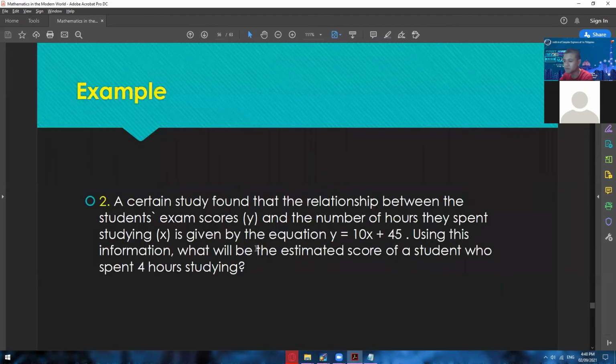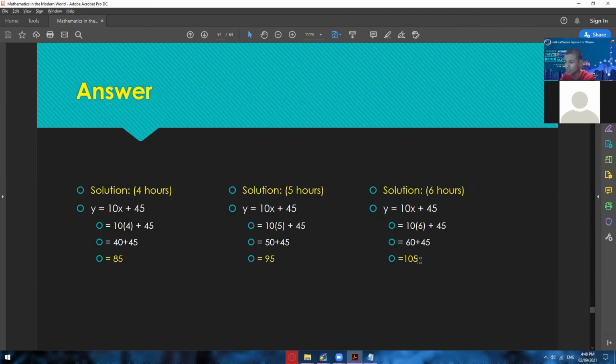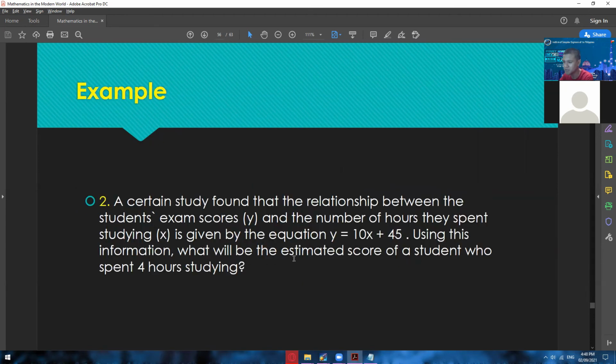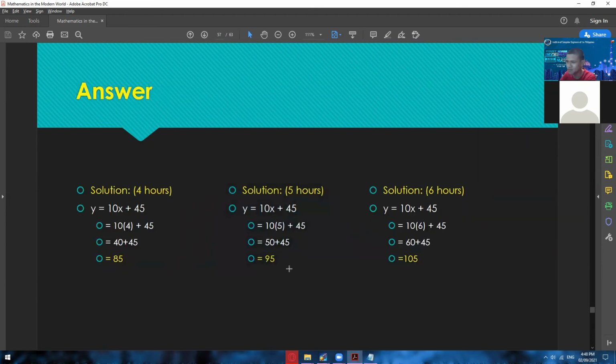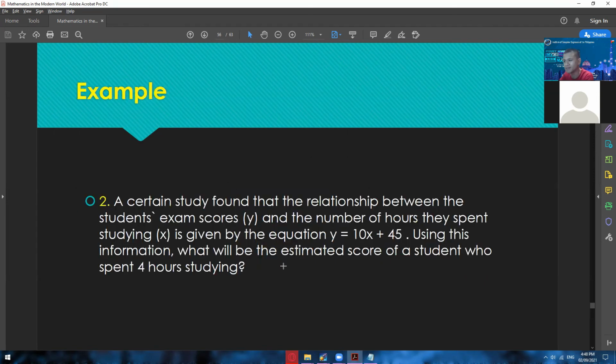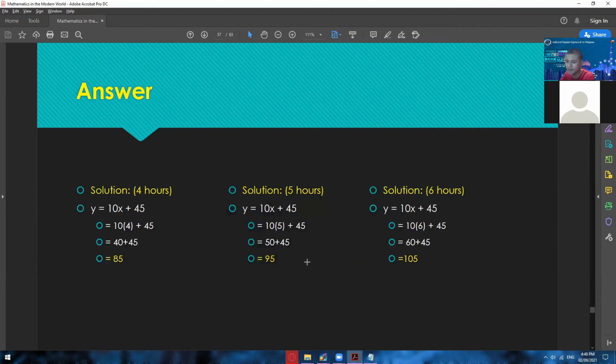Okay, well, this one is not the same for every student, since some are genius, like they only need to study 1 hour, but they will still get a perfect score. And then the others, even though they've studied 10 hours, 12 hours, but since they are not that genius, they are still getting an average score, like maybe 60, 70, 50, something like that.